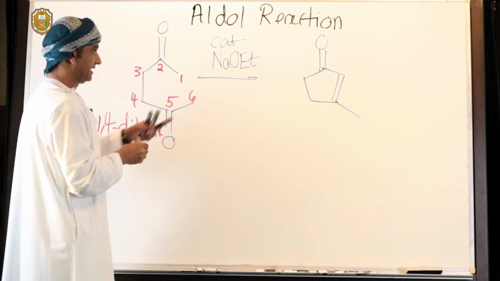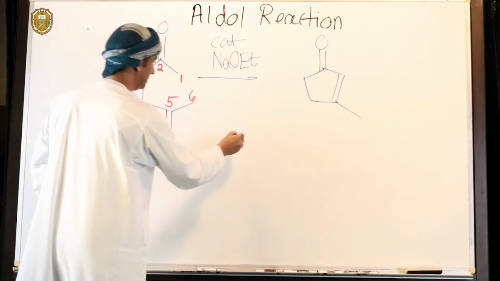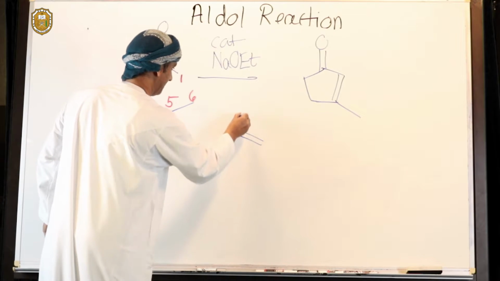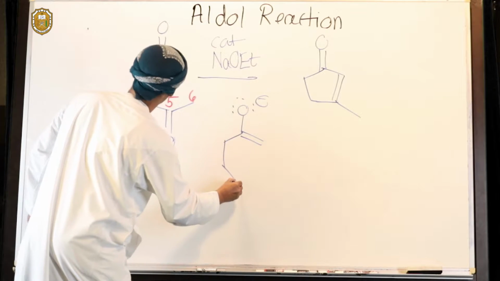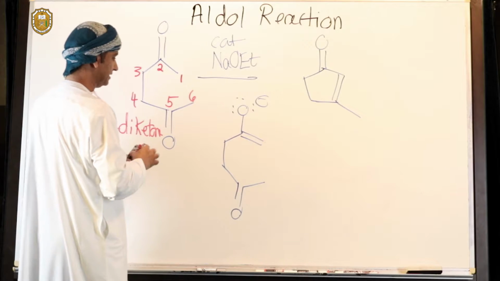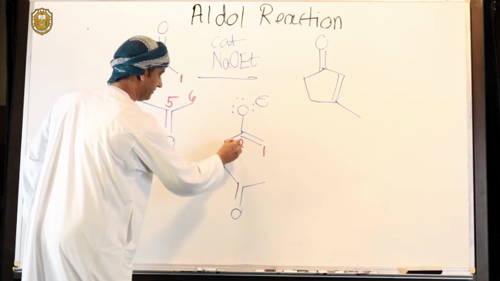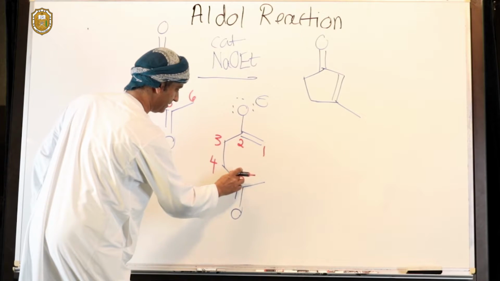So if the catalytic base makes an enolate, let's say from the alpha ketone, this enolate is then obtained. Again, we keep track of carbon atoms by numbering them.